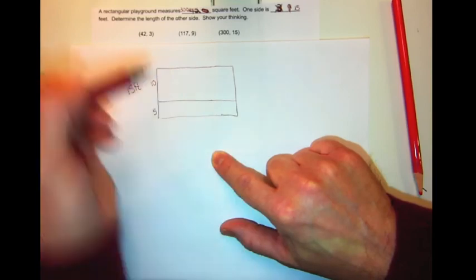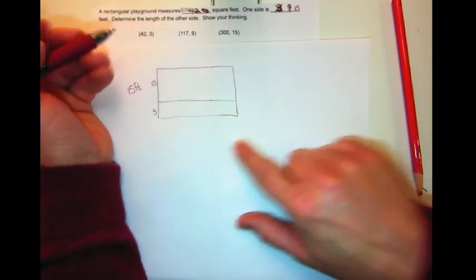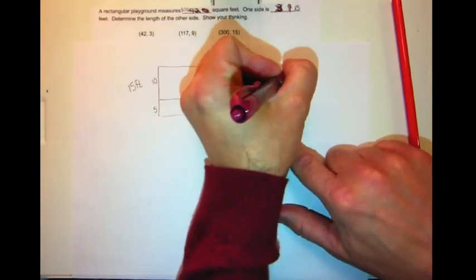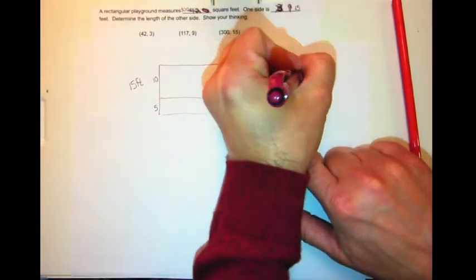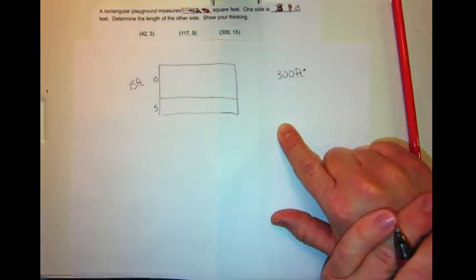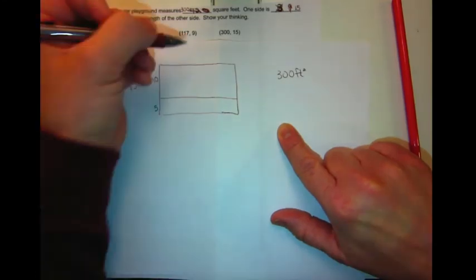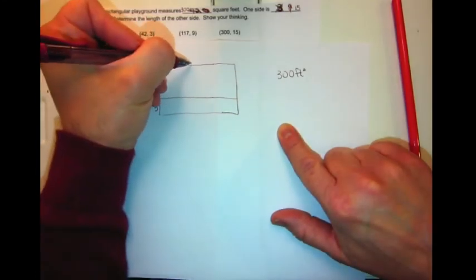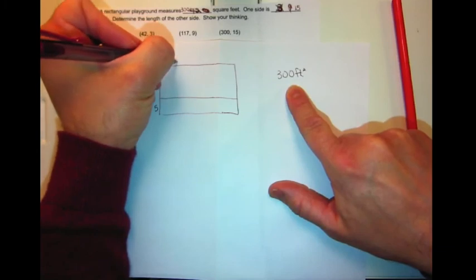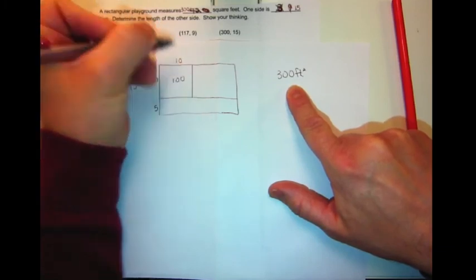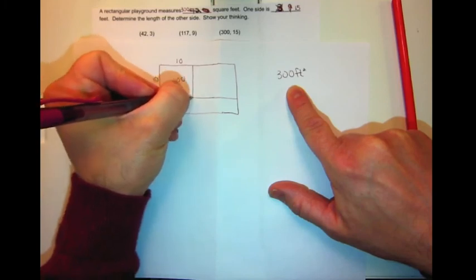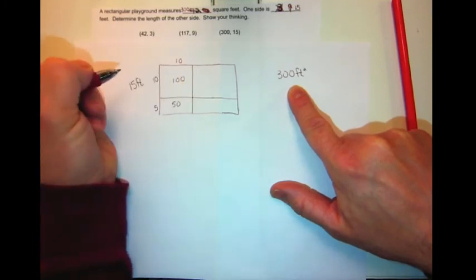And so what is the other side going to be? I know I'm working with 300 here, square feet, as my total. So if this side is 10, I can put 100 in here, and 50 more of it's going to go here. So there's 150.